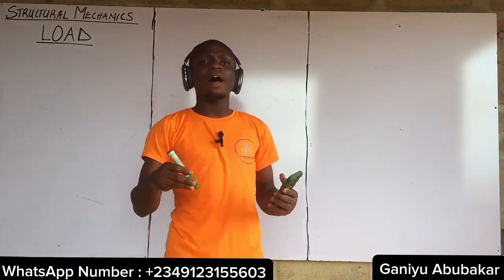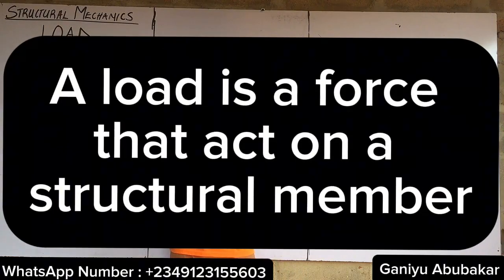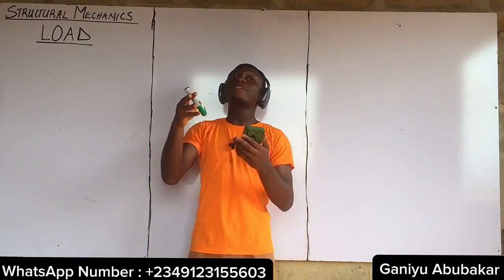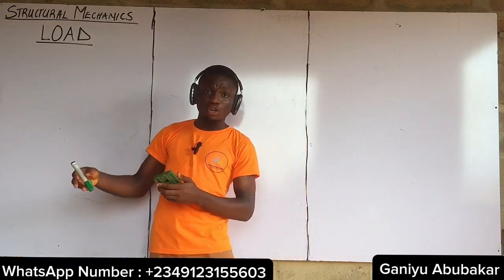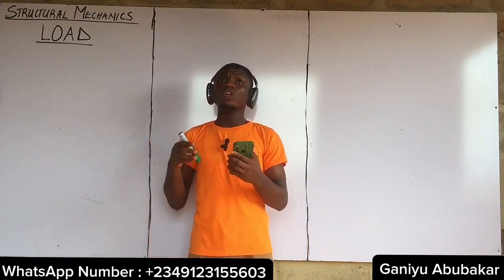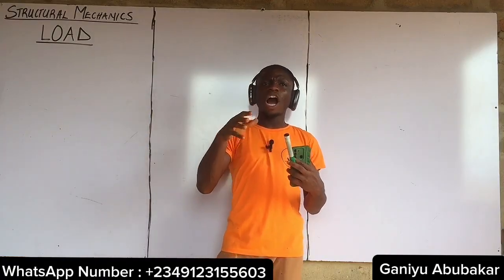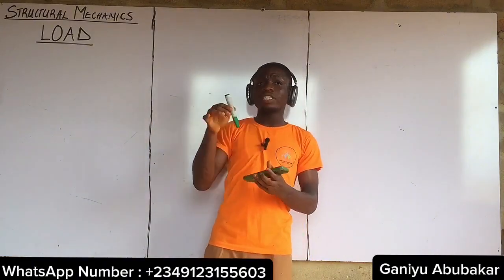What is load by definition? A load is simply a force that acts on a structural member or a body if you want to. It's an applied force on a structural member or on an object or on a body. So when a force or a weight or anything is applied on that thing, that thing that is applied is said to be load.